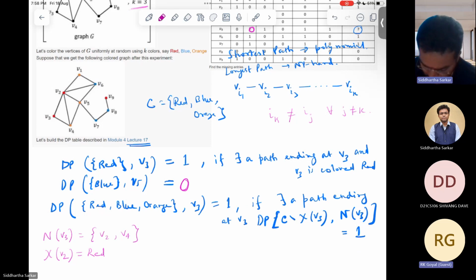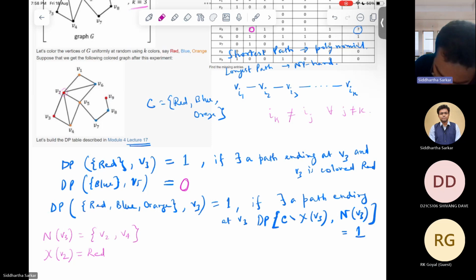Therefore, when we are asking the question, does there exist a path ending at V2 that does not use the color assigned to V3, then that answer is immediately no. That cannot exist because V2 itself is red. So any path that ends at V2 is actually using the color red. So red is not allowed.